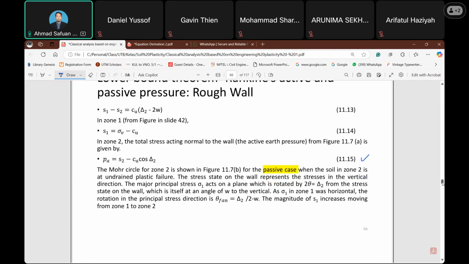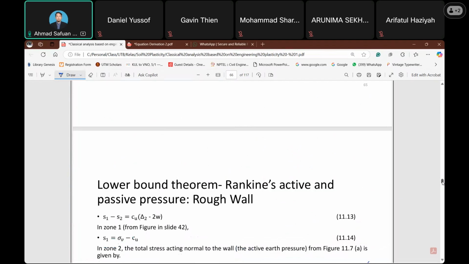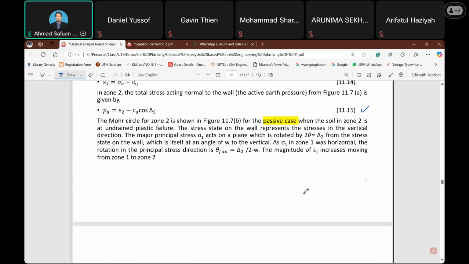So based on the Mohr circle diagram, we get delta 2. From the stress state at the wall, which is inclined at an angle of w to the vertical, as sigma 1 in zone 1 was horizontal, the rotation of the principal stress direction is theta, which is delta 2 over 2 minus w.